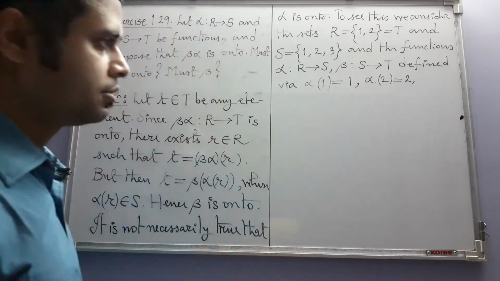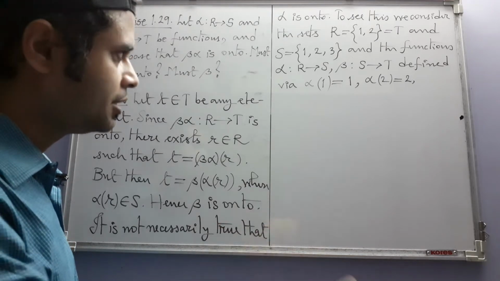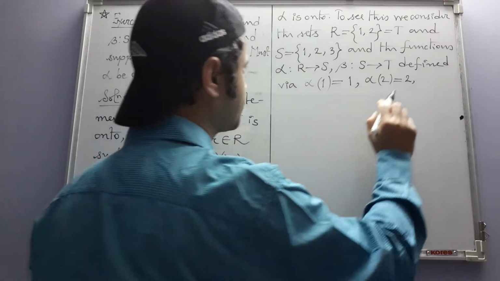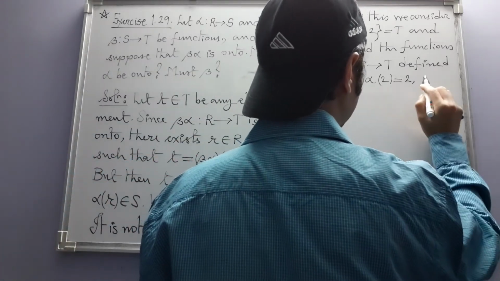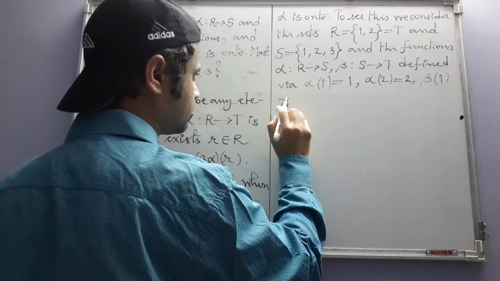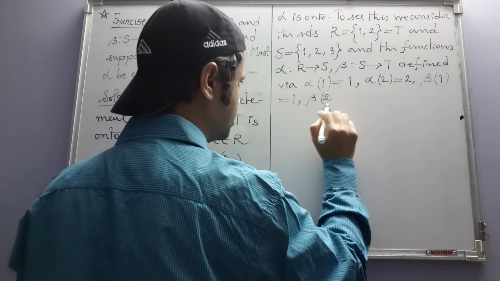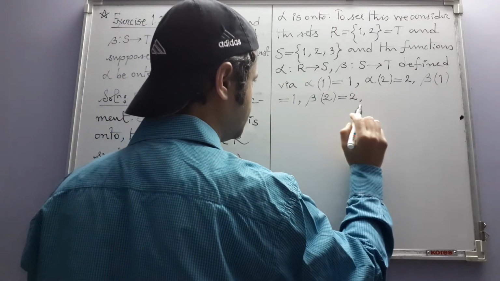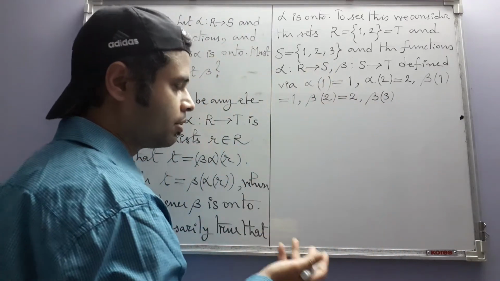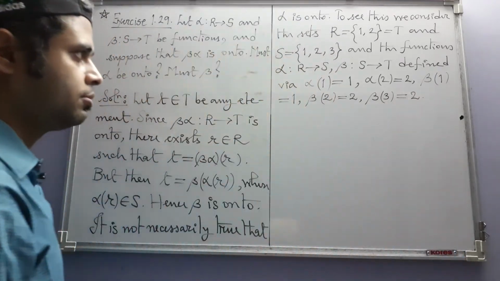When I say range or codomain in this sense, I just mean the second set, the set other than the domain. So we define beta like this. Beta of 1 is also defined to be 1 just like alpha, and beta of 2 is defined to be equal to 2. But beta of 3, because 3 now is also there in the domain of beta, beta of 3 is also defined to be equal to 2.